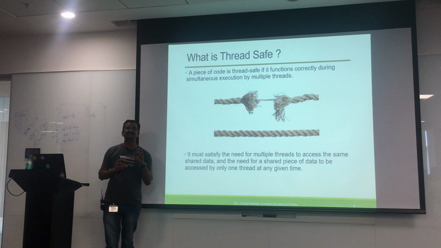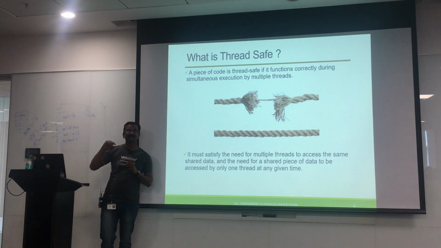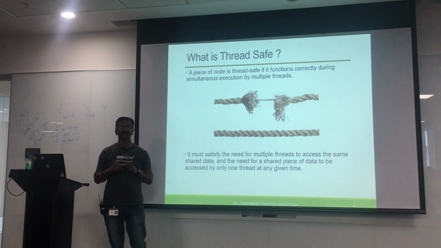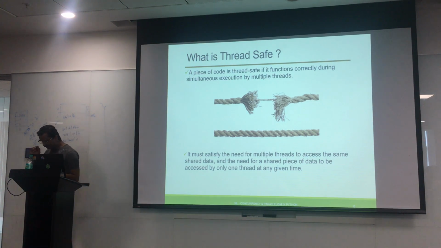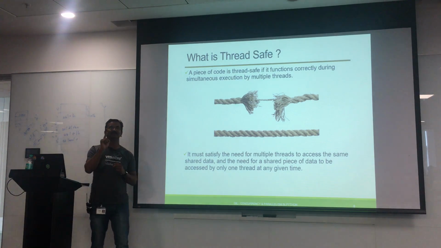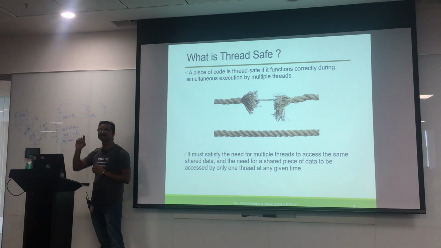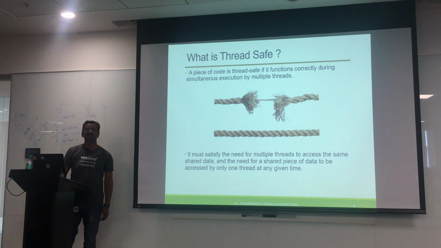Let's say there is one shared data and multiple threads are trying to access it. It should be accessible, but a single piece of data should not be written by multiple threads at the same interval of time. This is thread safe.